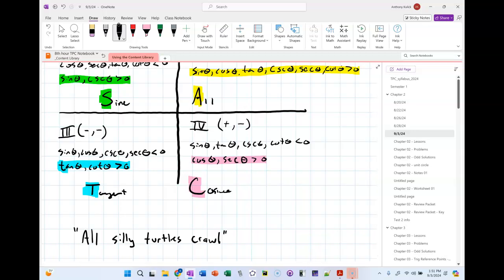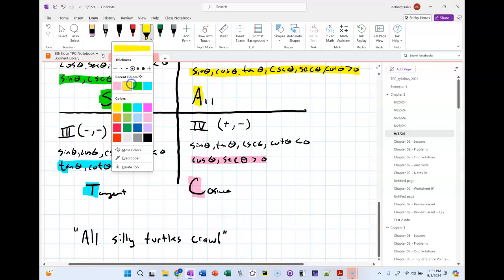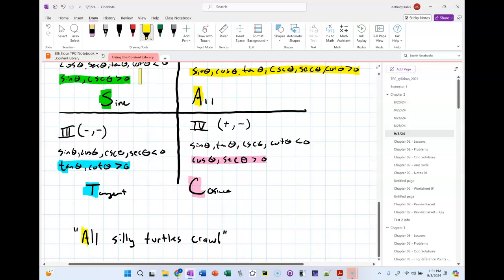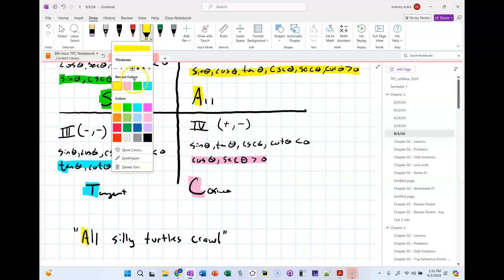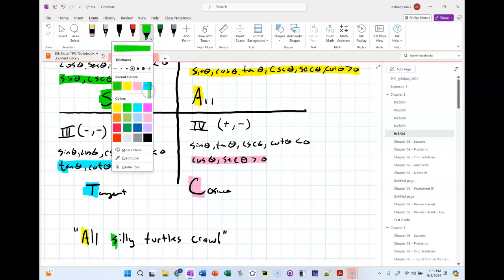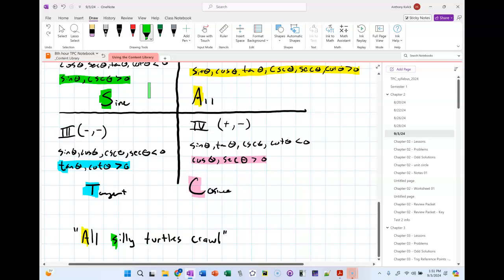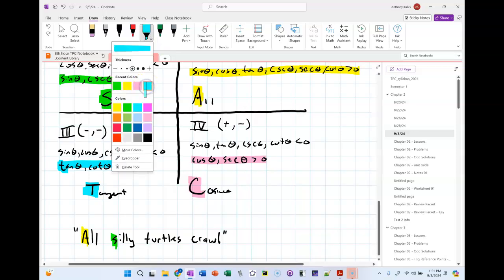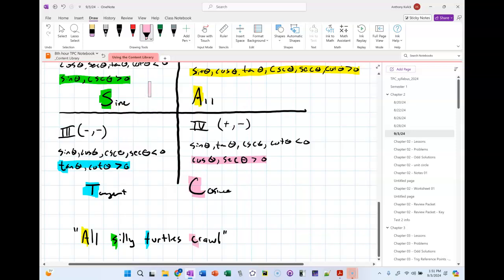Where the A in "all" stood for all, the S in "silly" stood for sine, the T in "turtles" stood for tangent, and the C stood for cosine. You can make up your own mnemonic if you'd like, okay?